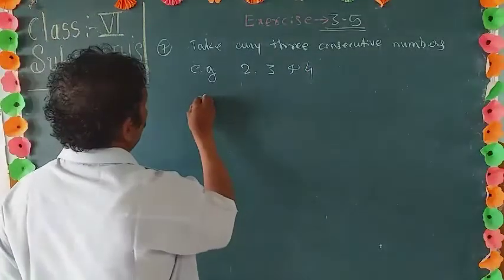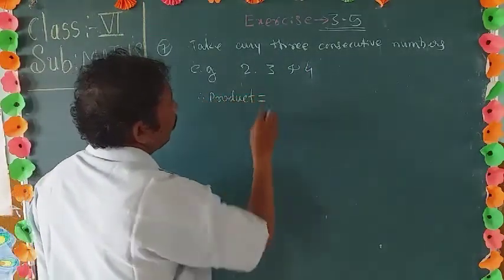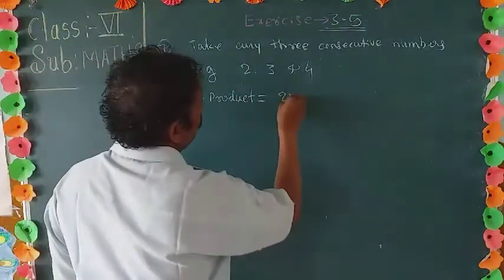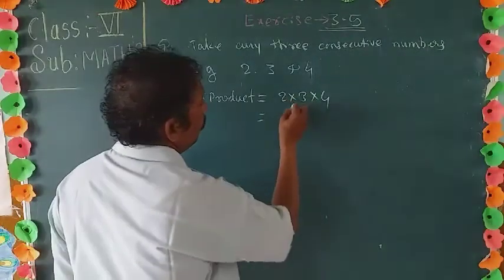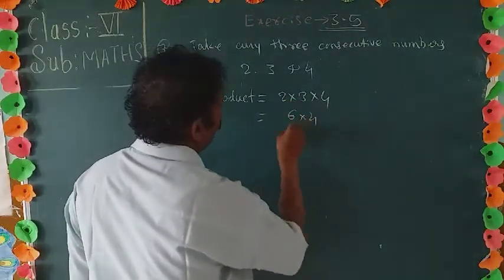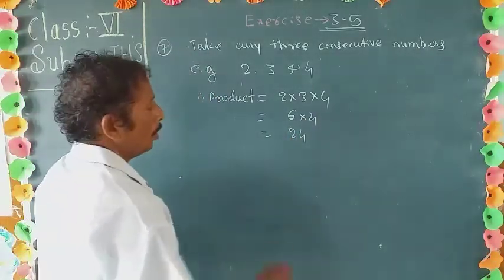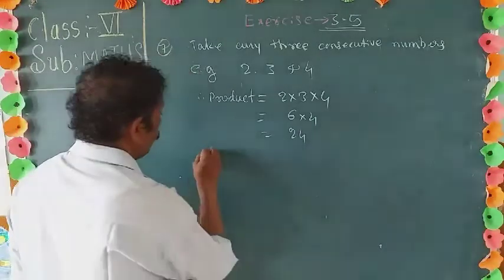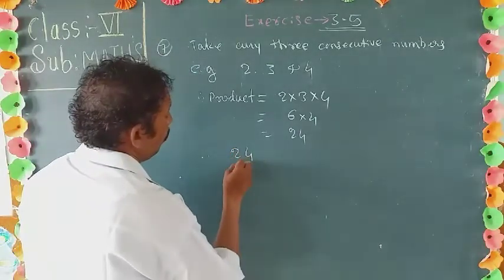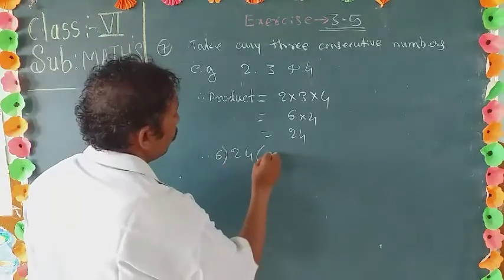Take the product. Therefore, product is equal to 2 into 3 into 4. That is equal to 2 3s are 6, then into 4, 6 4s are 24. Now this 24 is divisible by 6. Therefore, 24 divided by 6 is equal to 4.